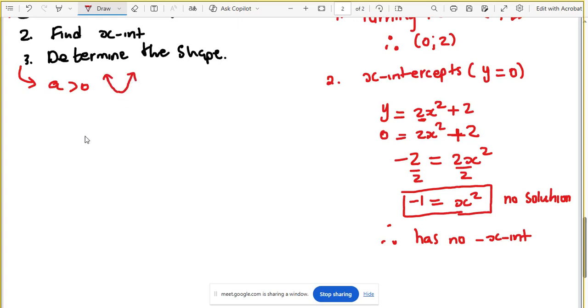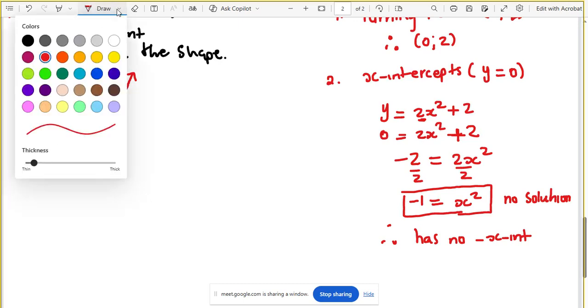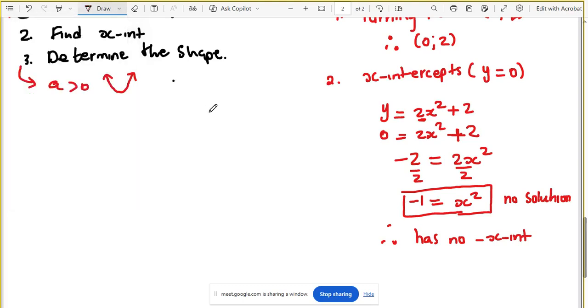Because we need some points, you're going to use what we call the table of data points on the calculator. You can definitely use your calculator.